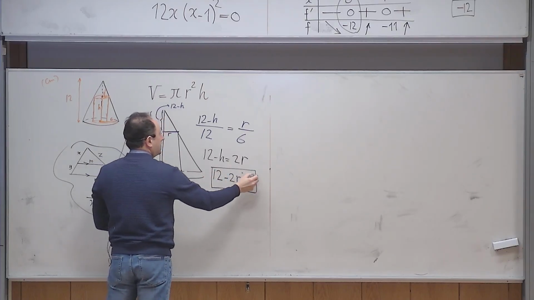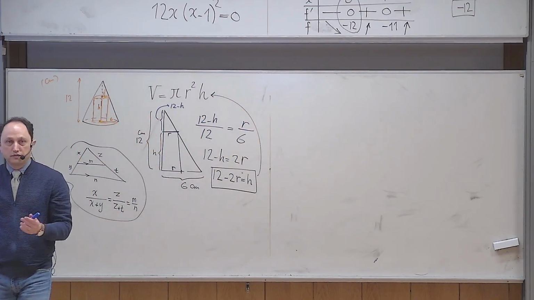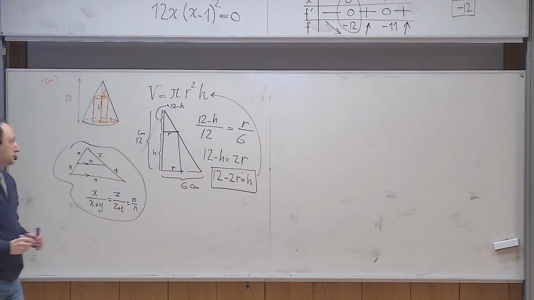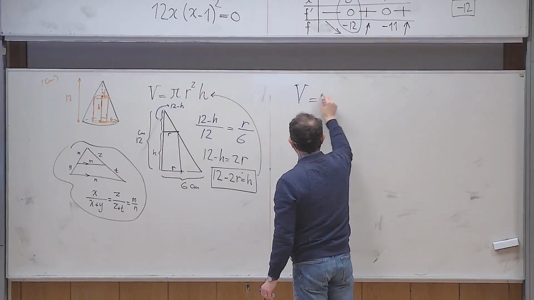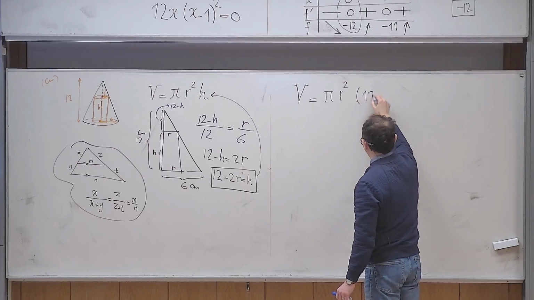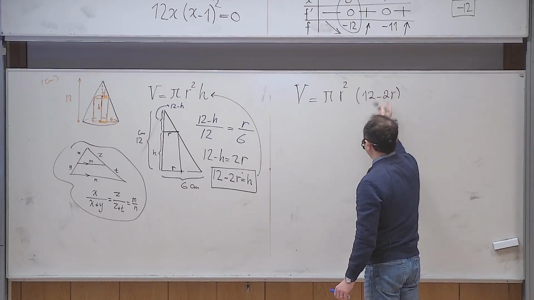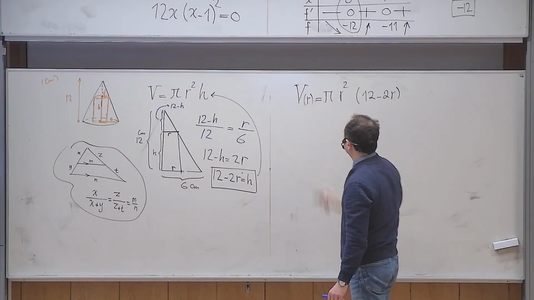And then I will take it and put it here. And then my function becomes a function of one single variable. Yes? So this becomes V equals pi r squared, but instead of h, I put 12 minus 2r. Now I can safely write it as a function of r only.